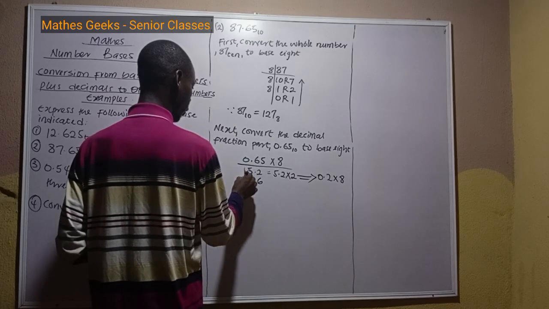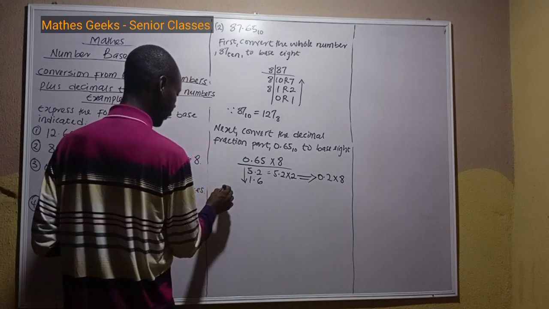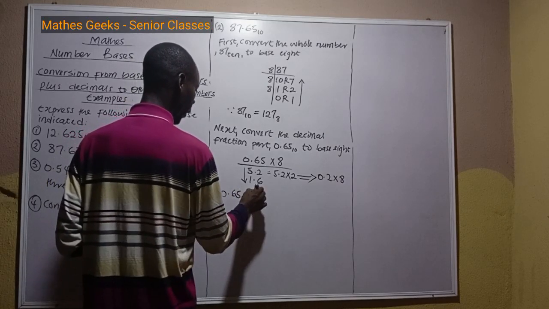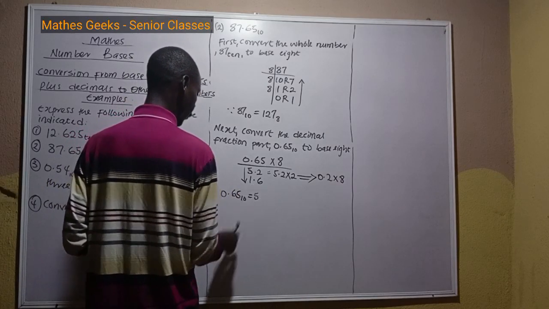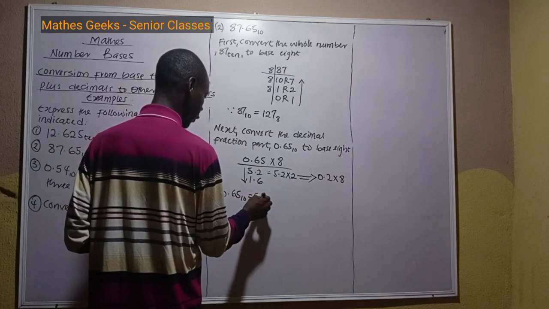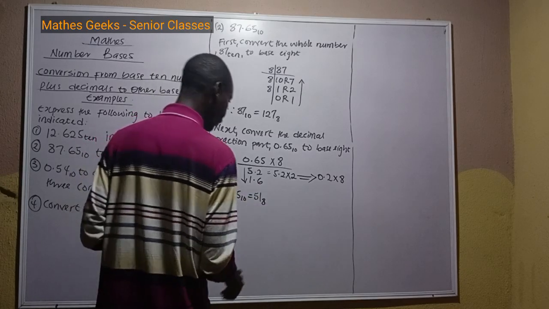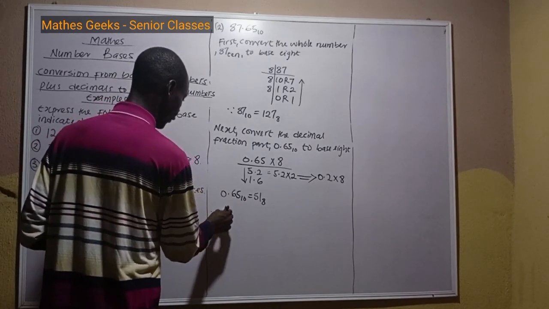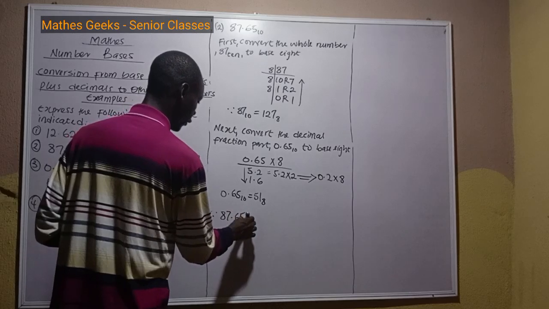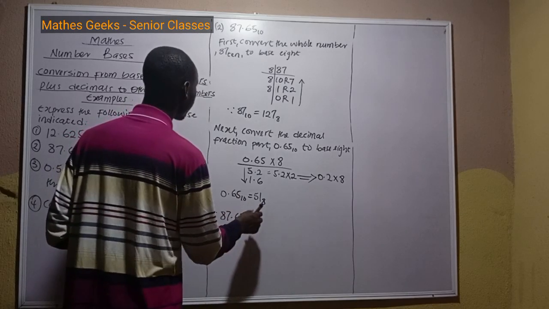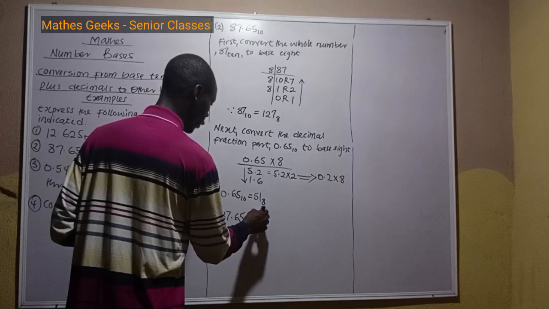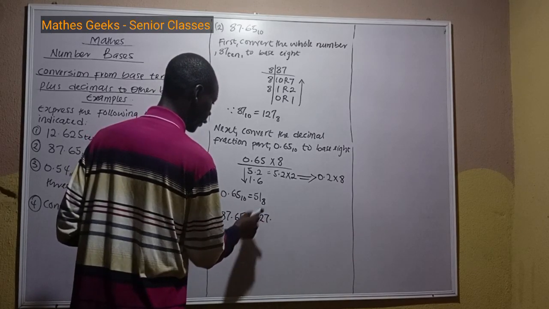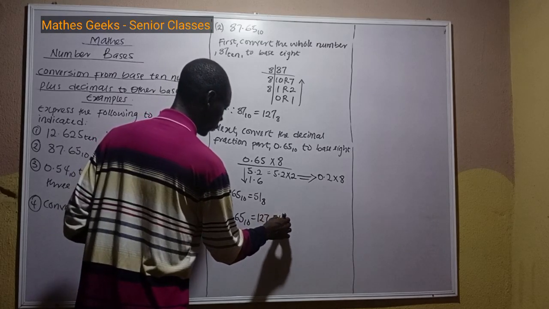We draw our arrow from top to bottom. So 0.65 is equal to 0.51 base 8. Therefore, 87.65 is equal to 127.51 base 8.